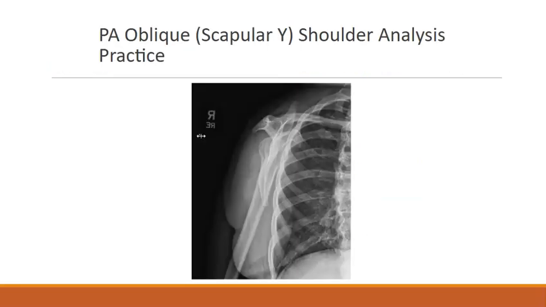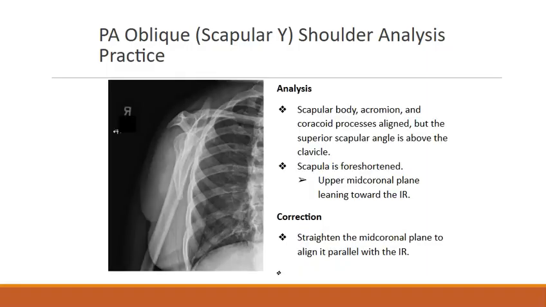Go ahead and review this next practice analysis and answer the following question. So let's review this practice analysis together. In looking at this projection, we want to see if the scapular borders are aligned.